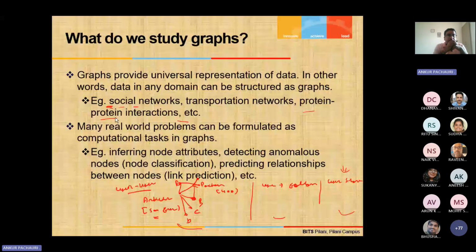Which gene is connected to which, what is the sequence, and which sequence is responsible for which type of genetic property. Just based on the structure, based on the genome sequence, we are trying to predict certain activities.